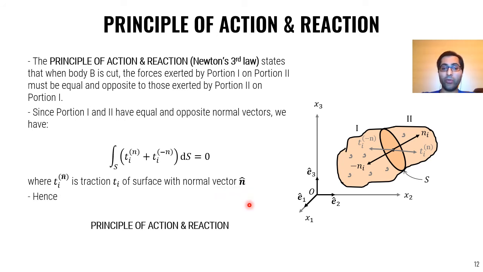Hence, we get the principle of action and reaction, which says that traction on one side of a plane is equal to minus the traction on the other side of the plane, or the traction associated with a plane is equal to minus the traction associated with the same plane but with a reversed normal vector.